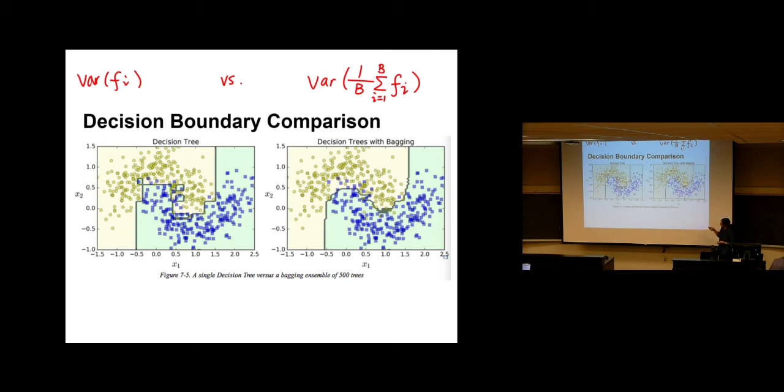Let's just see this. If there's a small randomness in my training data, say this blue point is not sampled in the training data, then this whole small region will be gone, right? The blue region will be gone. And this actually means it's a very high variance model.